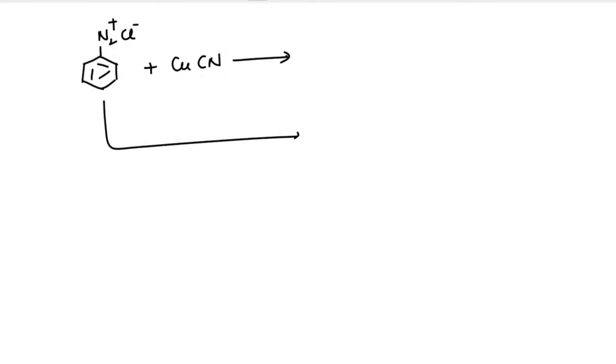Now, if the same diazonium salt is treated with CuCN, just like Sandmeyer reactions, or with KCN in the presence of copper, then we get cyanobenzene along with CuCl and N2.